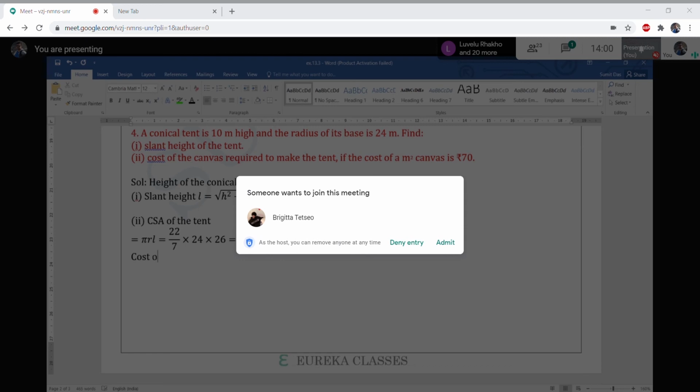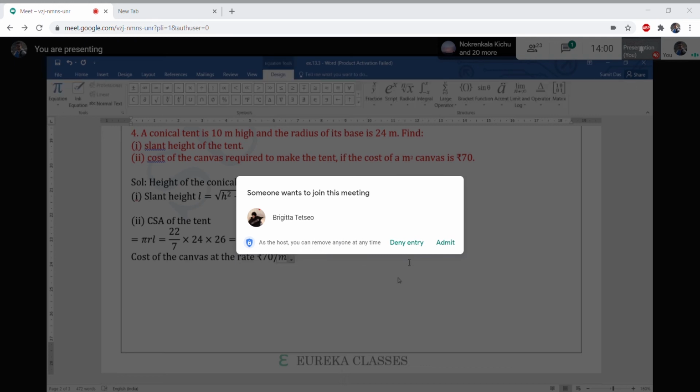Cost of the canvas at the rate of 70 rupees per meter square.